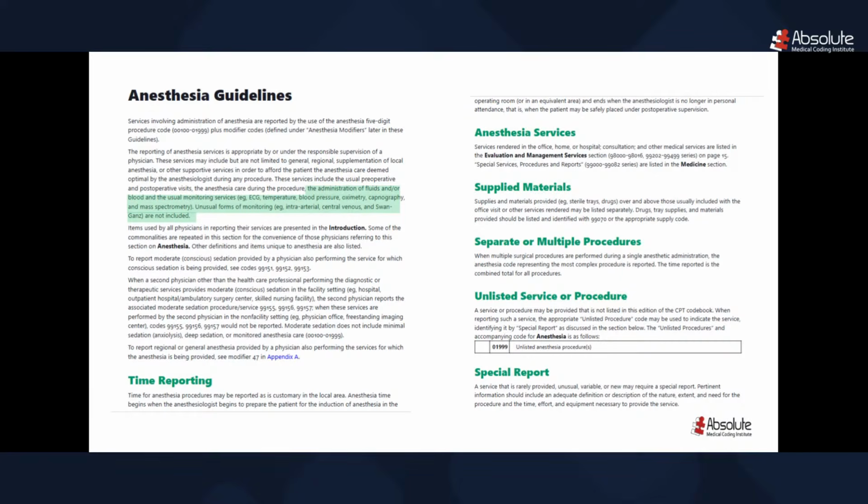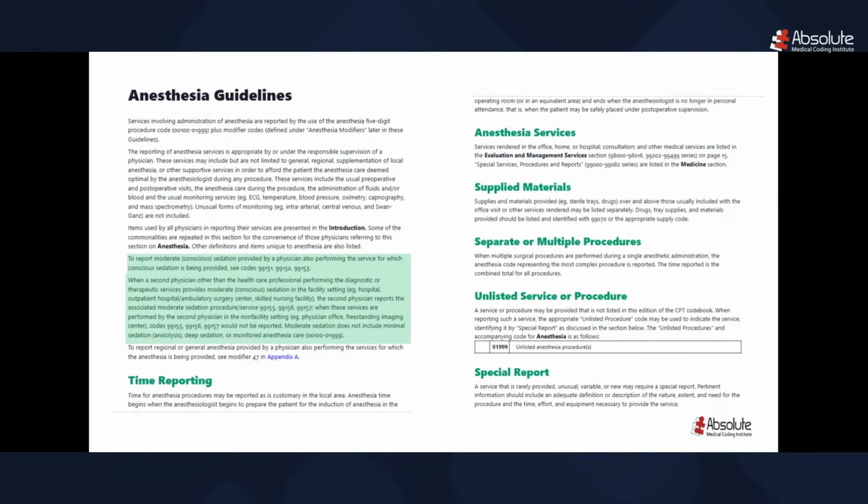Also, anesthesia services include post-operative care, the routine post-anesthesia visits. These items are not billed separately. Now let's look at what is not included. Sometimes items may be billed separately when documented, such as intra-arterial monitoring, central venous catheter monitoring, and Swan-Ganz catheterization. These are not routine and may be reported separately if documented.